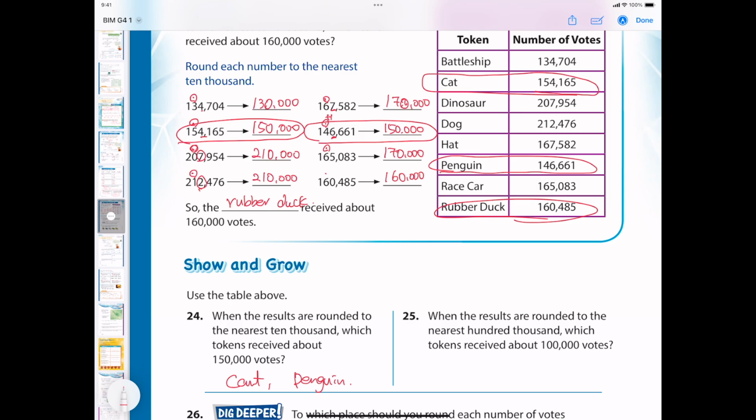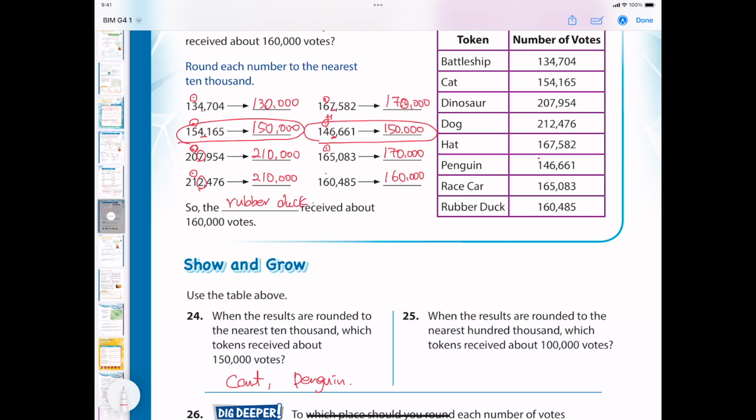Okay, what about number 25? When the results are rounded to the nearest 100,000, which tokens received about 100,000 votes? So this is something that we need to find out from this table, not from the one that we rounded already. So I'm just going to erase this table and find the nearest 100,000.